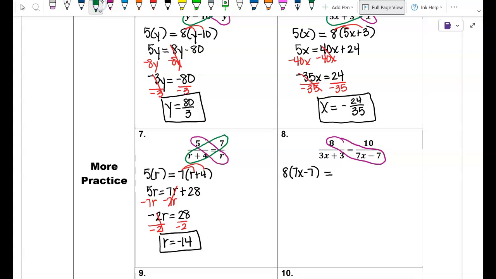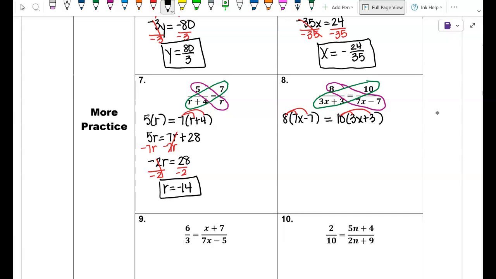And that's going to be equal to the other diagonal of 10 times the quantity 3x plus 3. Since there's quantities on both sides, that means I have to distribute on both sides.